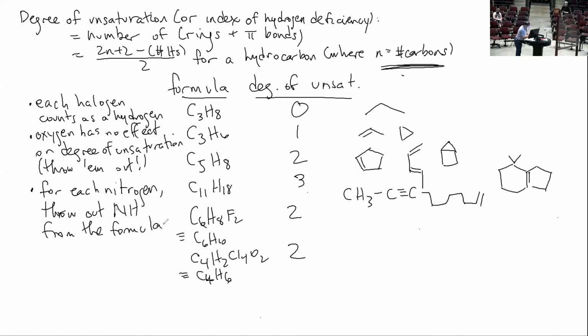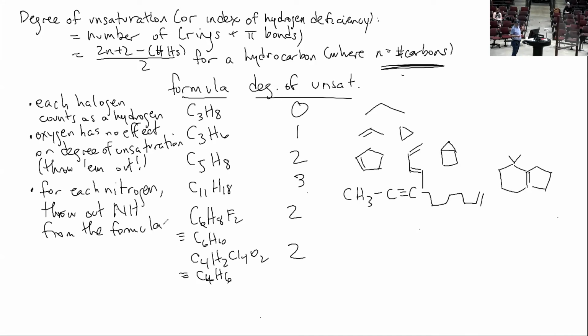And again, the reason that each nitrogen has to take a hydrogen with it is because it has 3 bonds to oxygen's 2 bonds. And that hydrogen may or may not be directly bonded to the nitrogen in the actual structure. But in order to remove the effect of the nitrogen on the degree of unsaturation, it has to take a hydrogen with it. And again, if you look at that formula in the book, you'll see that basically they account for that in the exact same way.